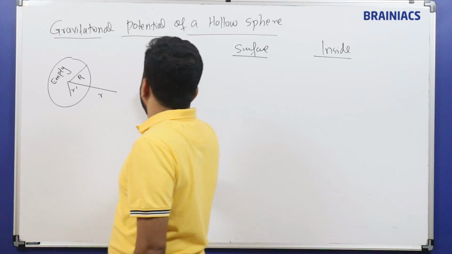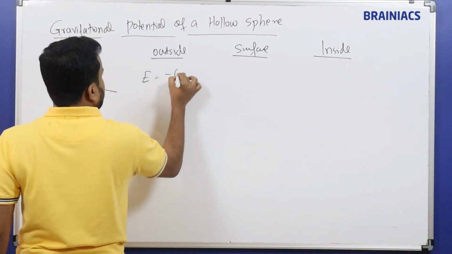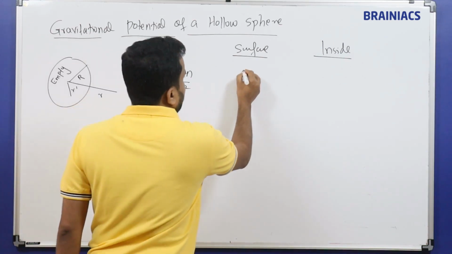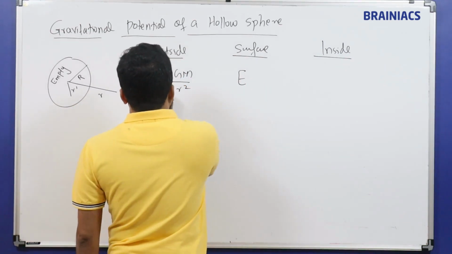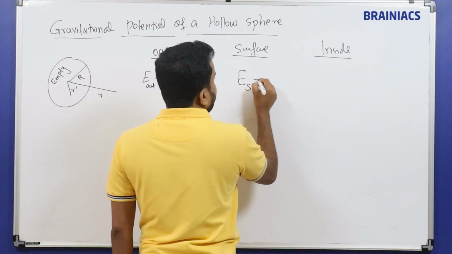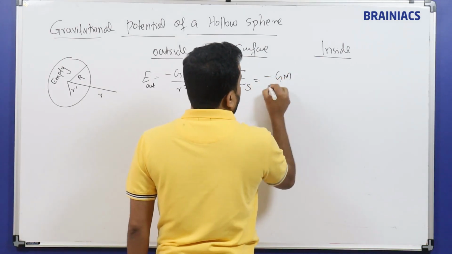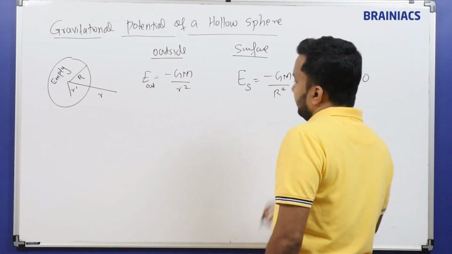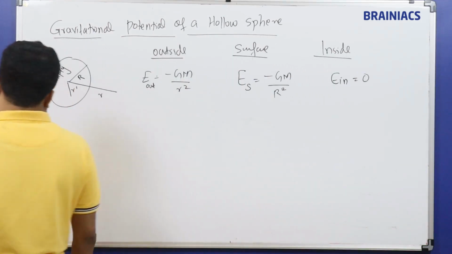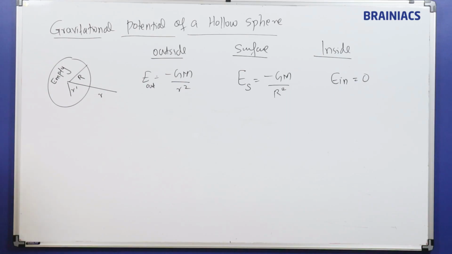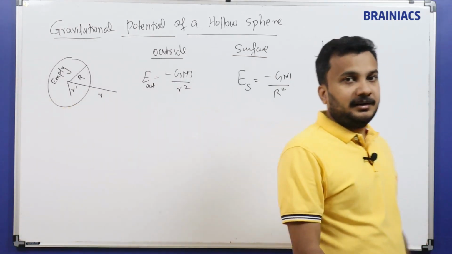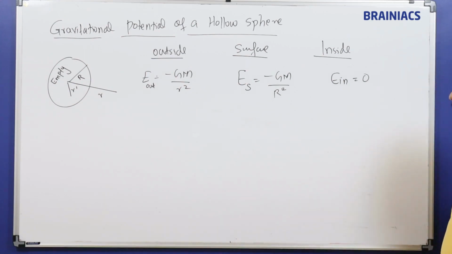The gravitational field intensity at the outside is minus GM by r square. At the surface it is minus GM by capital R square. Inside, the gravitational field intensity is equal to 0. These things we have already seen in the previous lectures.